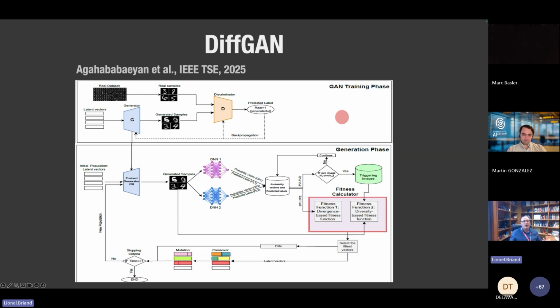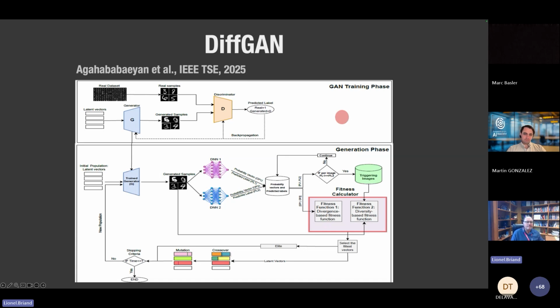And we use a two objective search algorithm to search the latent vector space of the GAN in order to generate triggering inputs, that is, inputs where the alternative models disagree, for example in terms of classification, and at the same time generate images that are diverse as well. That's why we use a two objective search algorithm. The search manipulates the population of latent vectors that are passed as input to the GAN.